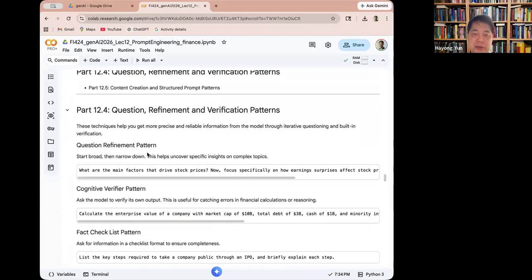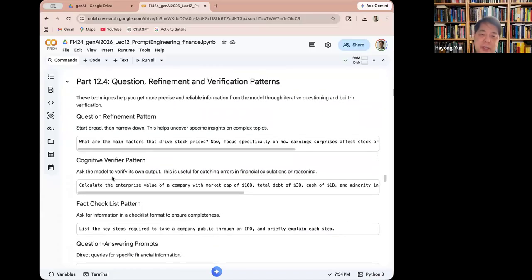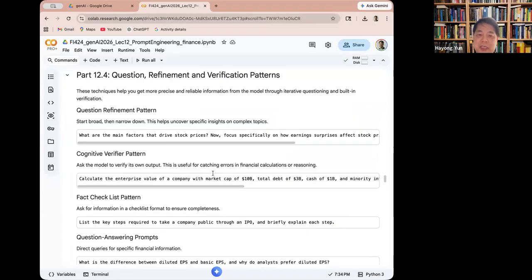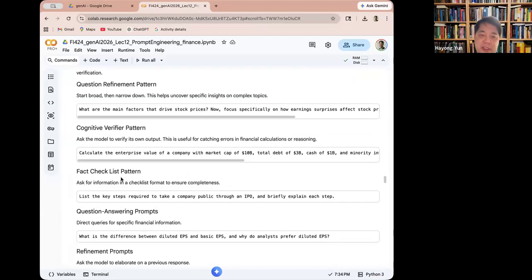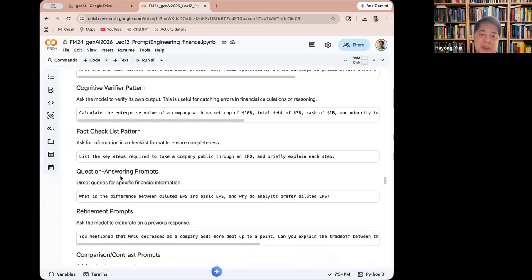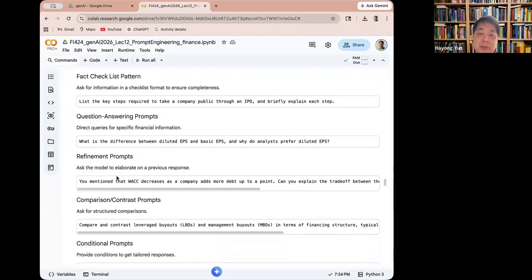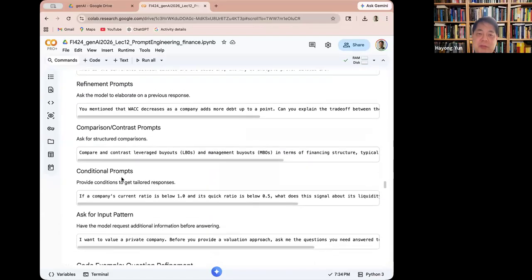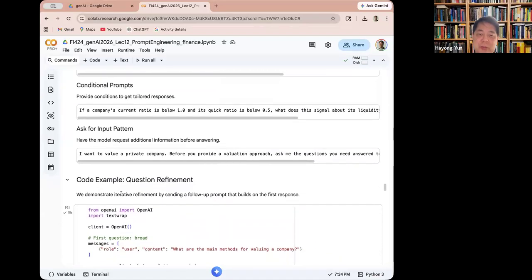So you can use the question refinement pattern. What are the main factors? Now focus specifically on, and you can further narrow down. Cognitive verifier pattern: ask the model to verify its own output, so it can catch its own errors. Fact checklist pattern: you give a checklist on this, and then question answering prompt or refinement prompts or comparison and contrasting prompts, conditional prompts as for input patterns.